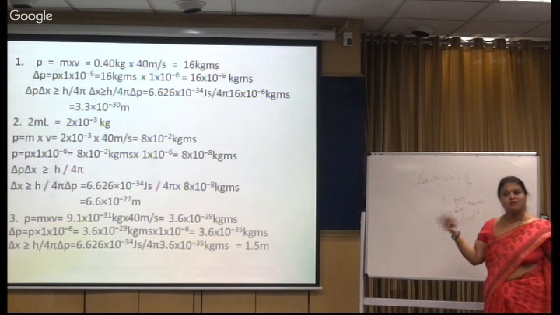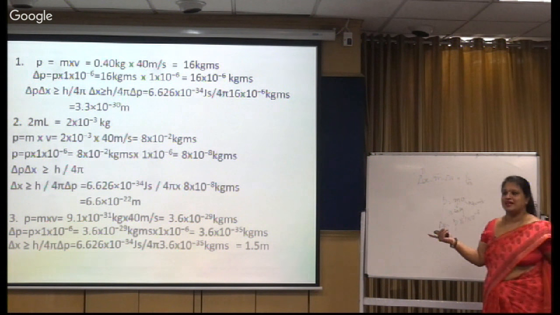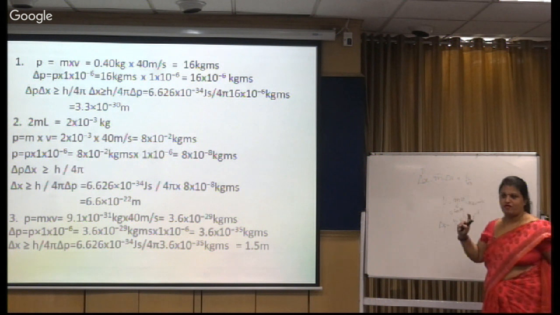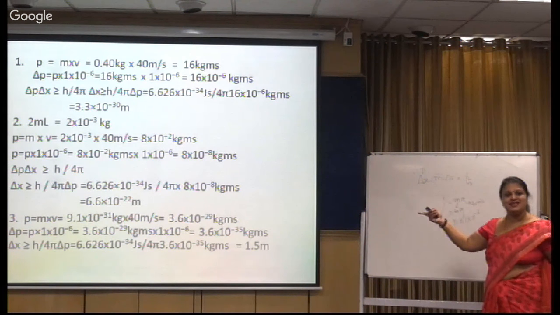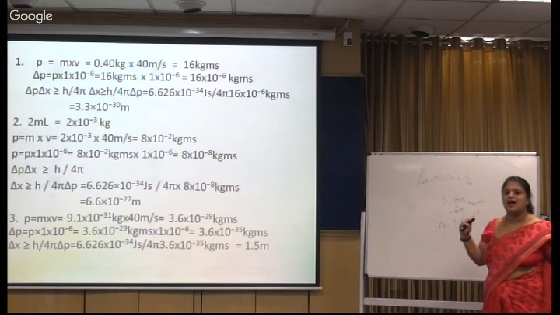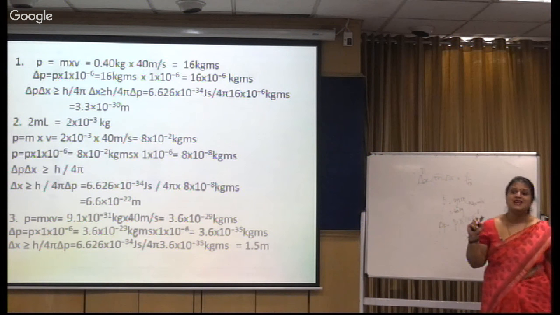Okay, so momentum is getting changed because mass is getting changed. Initially, it was for 2 ml of water, so the mass was 2 into 10 to the power minus 3 kg. In this case, it is for one electron, for which the mass is 9.1 into 10 to the power minus 31 kg.